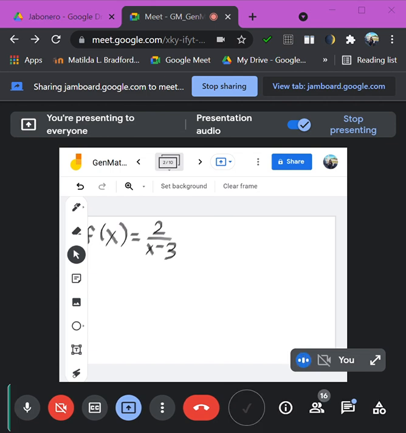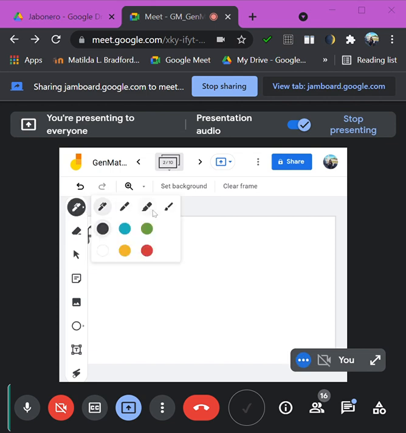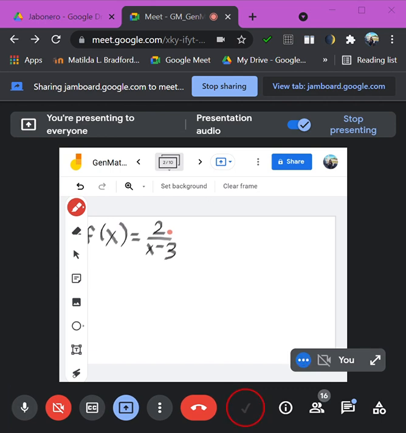Its numerator and denominator must be polynomials. So is the given a rational function, yes or no?